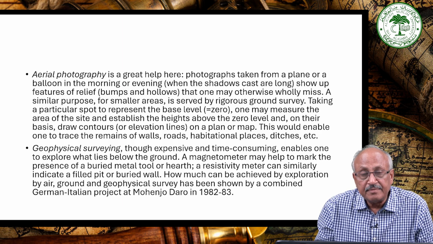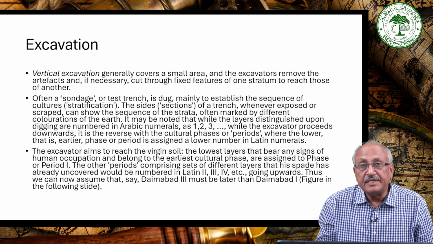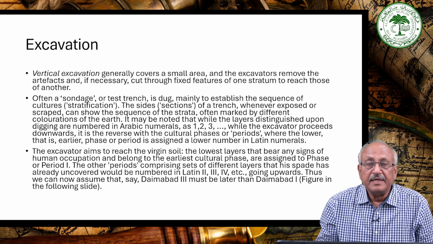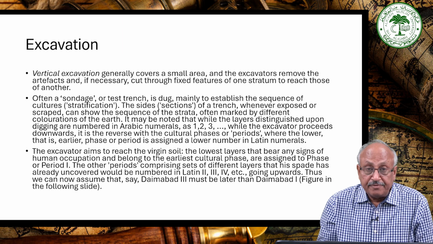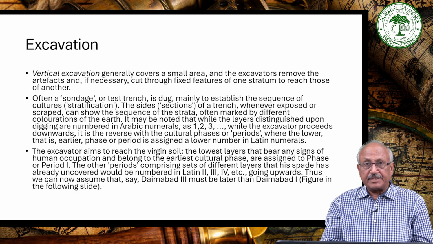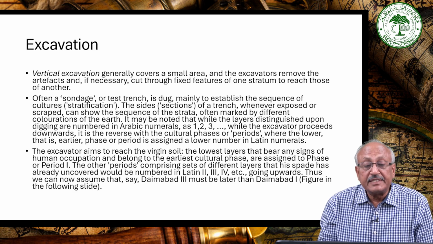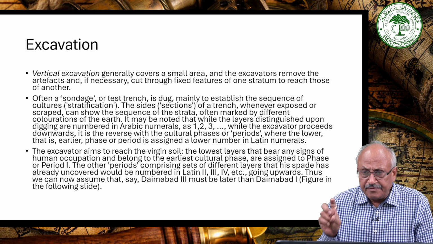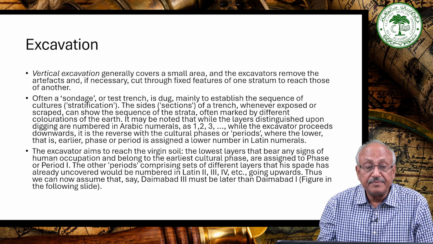They are attested from Mohenjo-daro, which was excavated in 1982-83 by a German-Italian team. Now, excavation. Excavation could be vertical and horizontal. Vertical excavation generally covers a small area, and the excavators remove the artifacts and, if necessary, cut through fixed features of one stratum to reach those of another.